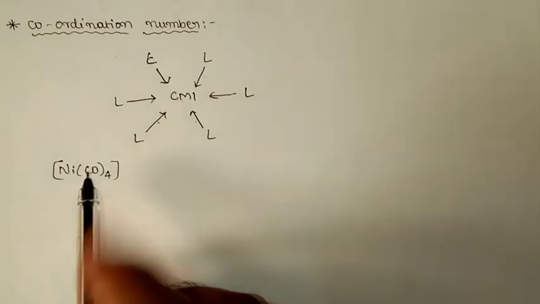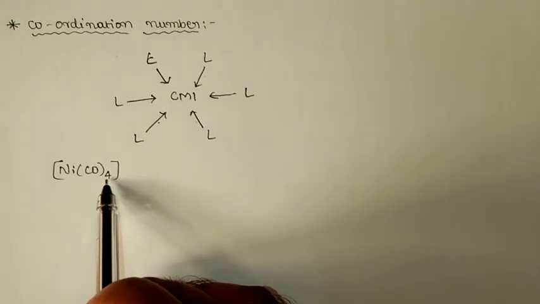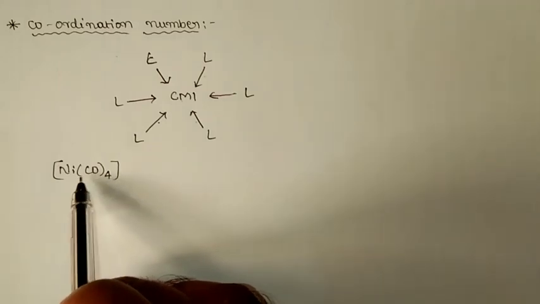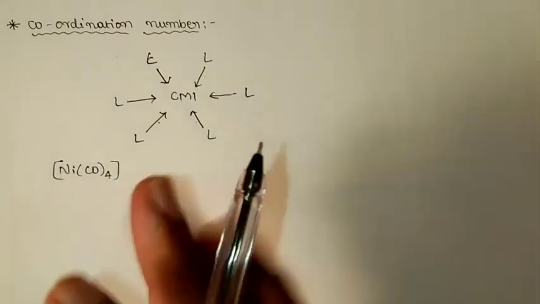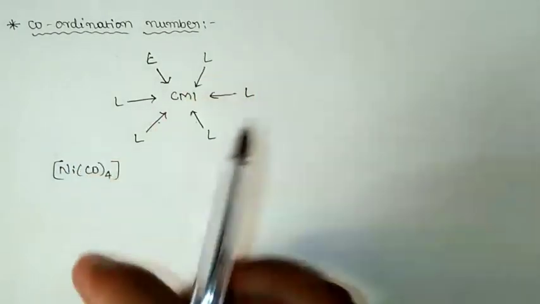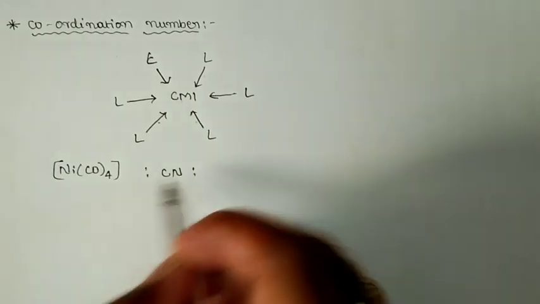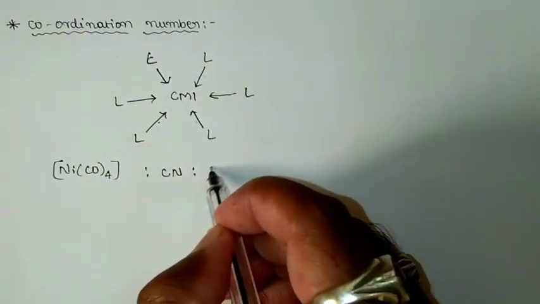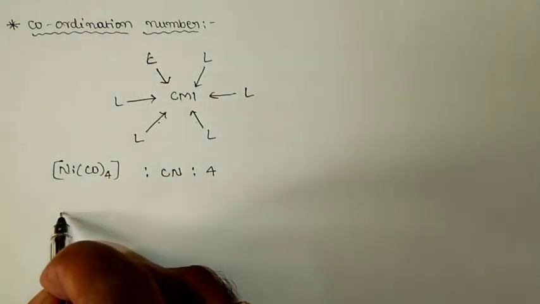So monodentate means there will be only one ligating atom, and how many such ligating atoms are there? 4. Therefore there are 4 ligating atoms binding to the central metal ion, that is nickel, so that there will be 4 coordinate bonds, and that's why we can say the coordination number of this particular complex is equal to 4.